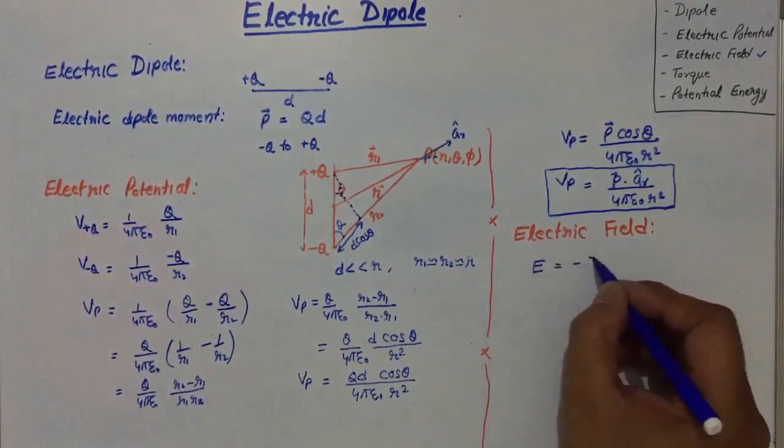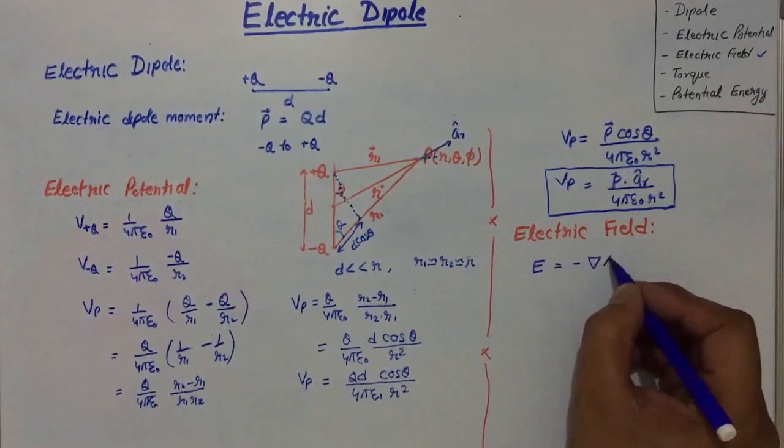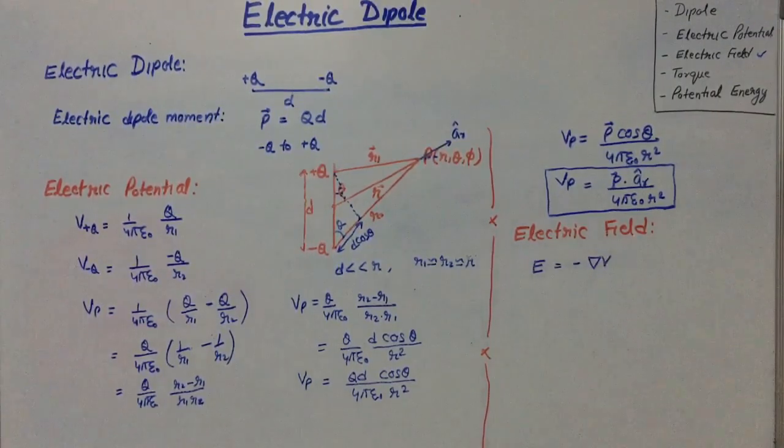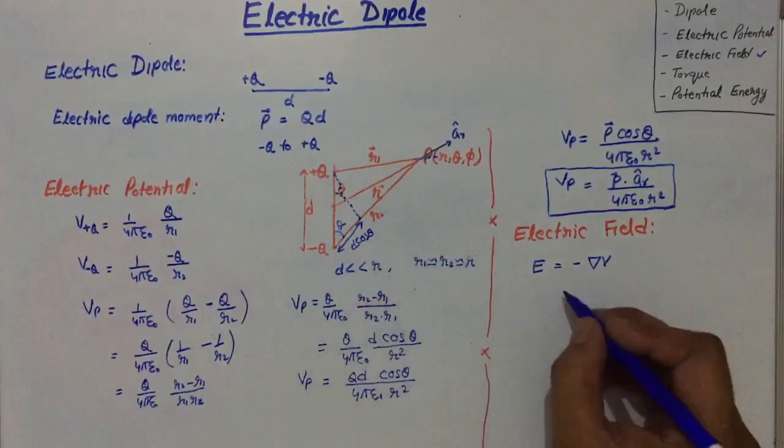E is nothing but the negative rate of change of V, the del of V. We know this, and the system is in spherical coordinates.